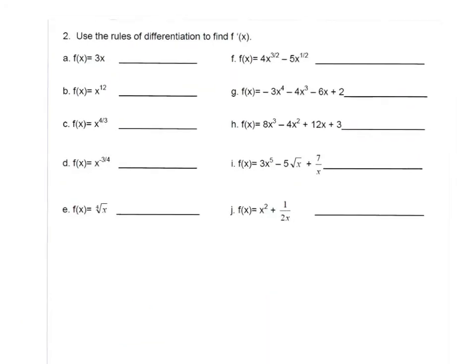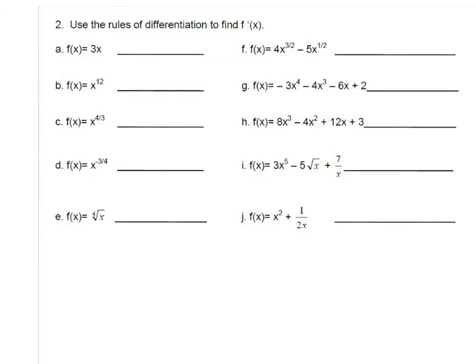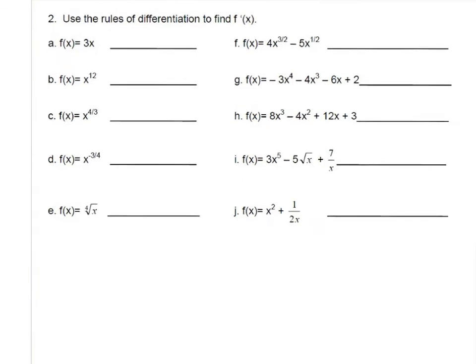Okay, so for number 2, we're going to use the power rule. For a, the derivative is 3. For b, that's going to be 12x to the 11th. So the power rule is this exponent comes down to be the coefficient, and then subtract 1 from the exponent, we get 11.